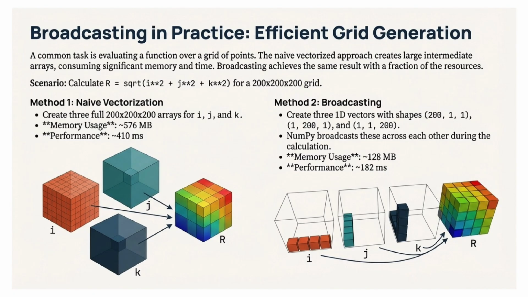NumPy broadcasts these arrays to a common (200, 200, 200) shape and computes R equal to the square root of I**2 plus J**2 plus K**2 without explicitly storing all intermediate grids.